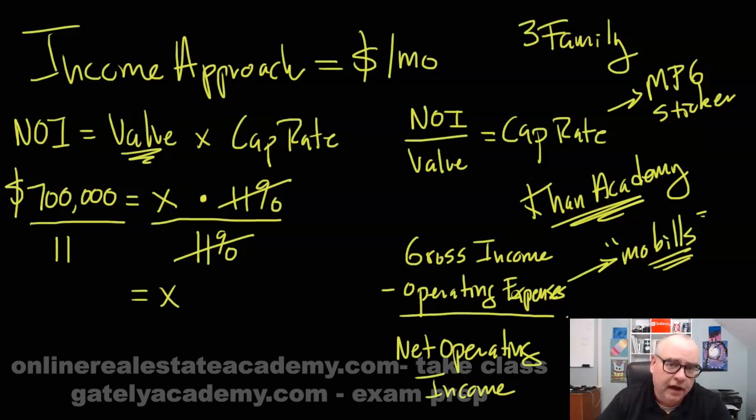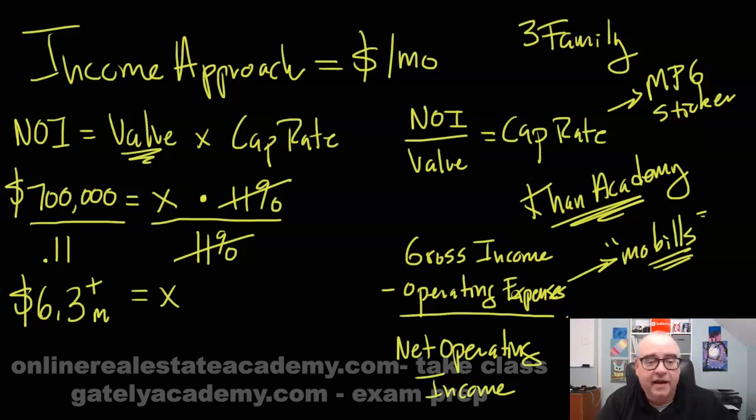So I got to convert it to a number without the percentage sign by moving the decimal point to the left 2 places, which means 0.11. Then I put the top number, $700,000, in the calculator first. And once I do that, I get $6.3 million and some change. I'm just going to round it off to $6.3 million. And that is your market value.